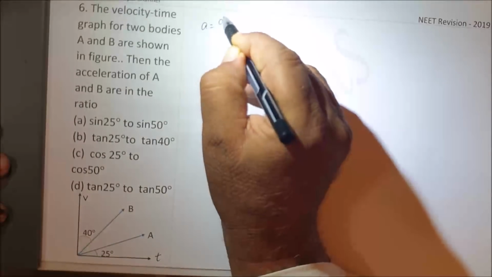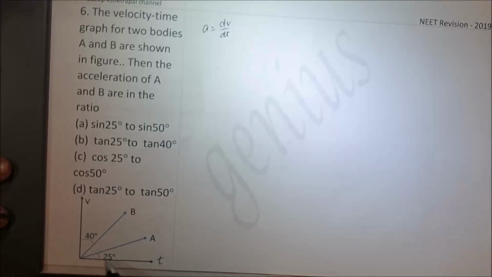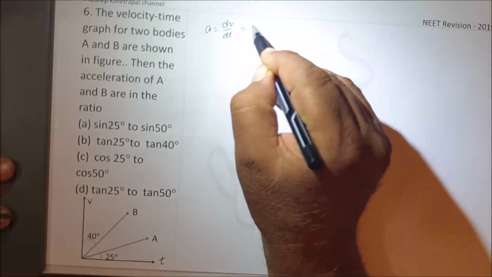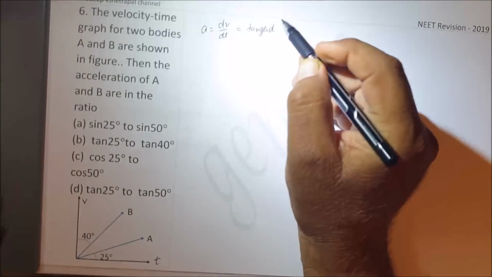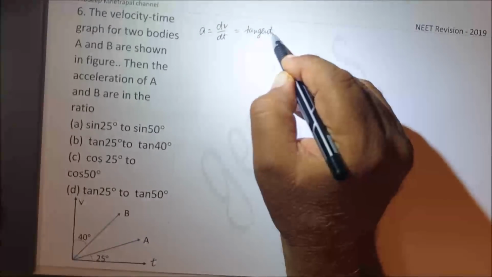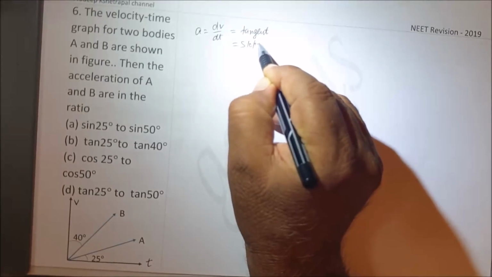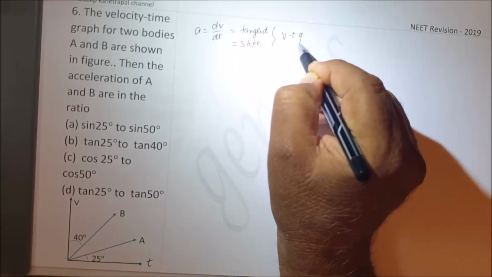Acceleration is equal to dv by dt. V upon t gives us tangent. dv by dt is tangent or slope, slope or tangent of Vt graph.